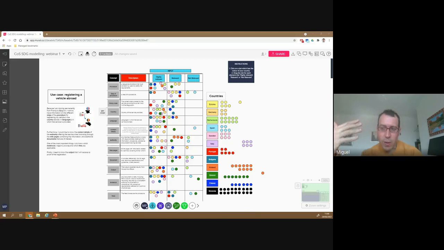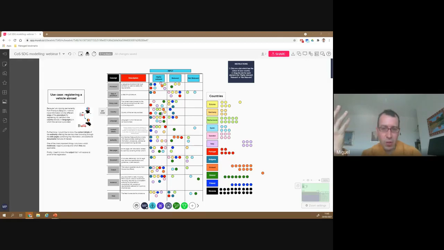This way it would be very beneficial not to focus only on the Your Europe angle, but also on the member state perspective. So if somebody would like to express their interest in this, we can take note. I understand, Marco, that you are already using last year's SDG data model for this purpose.